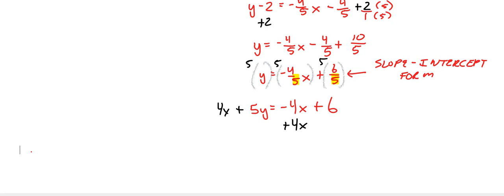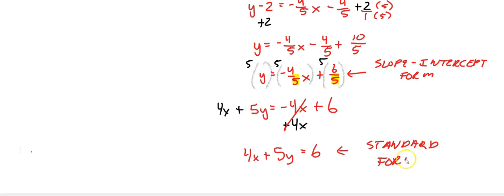Now we have 4x plus 5y, because that reduces off, equals 6. And this right here is your standard form.